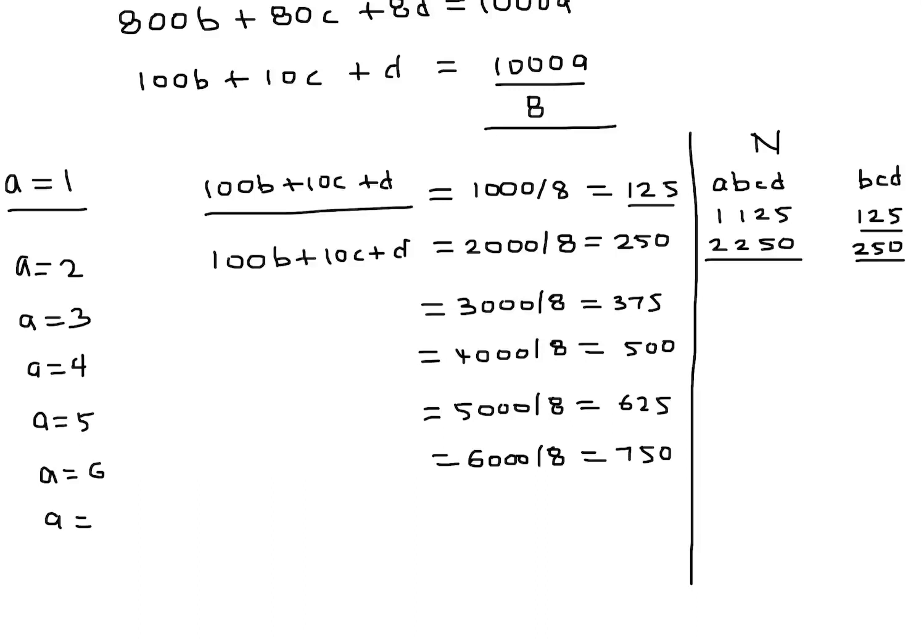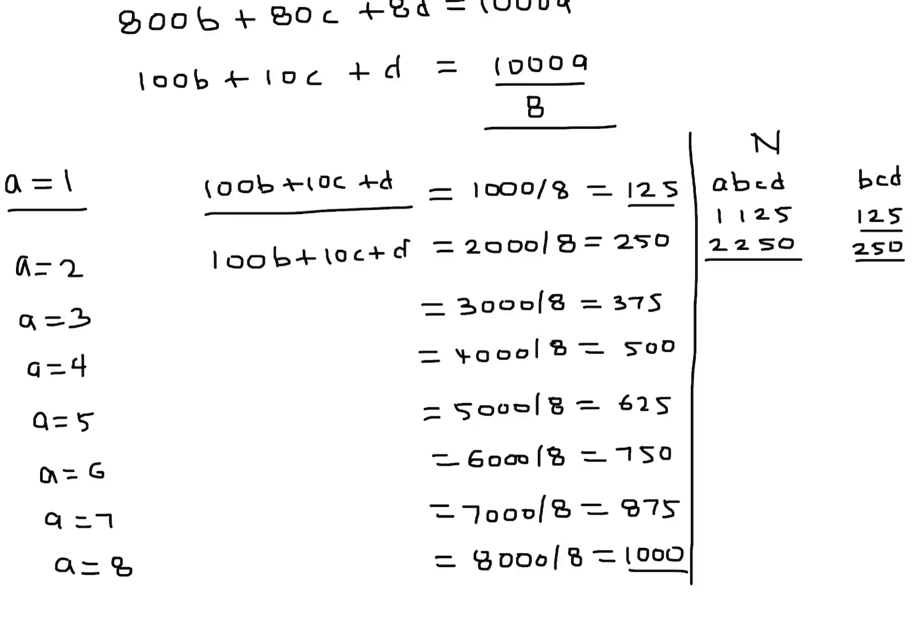When A is 7, you get 7,000 over 8, which is 875. When A is 8, you get 8,000 over 8, which is 1,000. But 1,000 is not a 3-digit number, so that cannot be used. So we've exhausted our possibilities, and we got 8 of them.